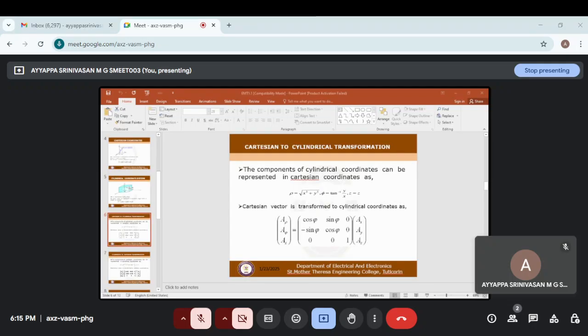So the Cartesian to cylindrical coordinate conversion is one of the important coordinate conversions. What we have seen in the earlier PPT is that in Cartesian coordinates the magnitudes are given by capital AX, capital AY, capital AZ, whereas in cylindrical coordinates the magnitudes are given by capital A rho, capital A phi, capital AZ.